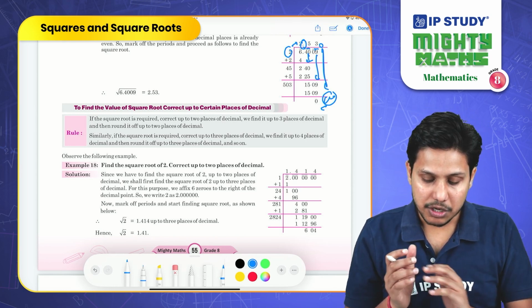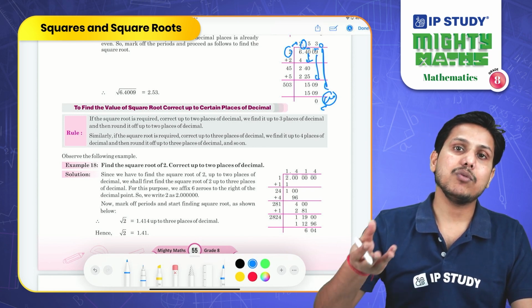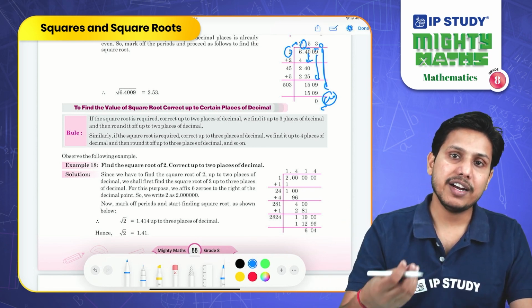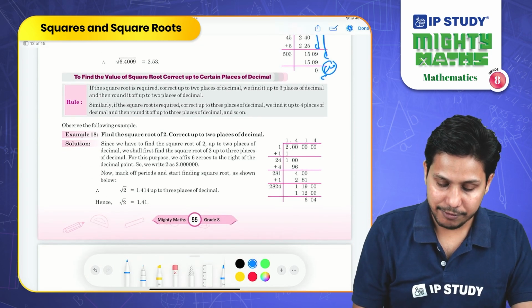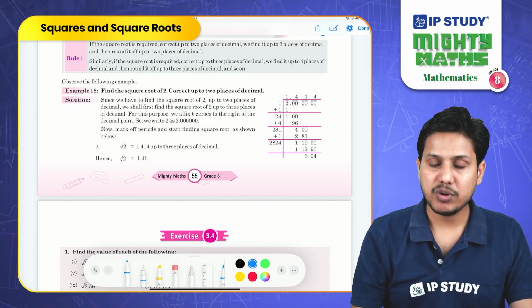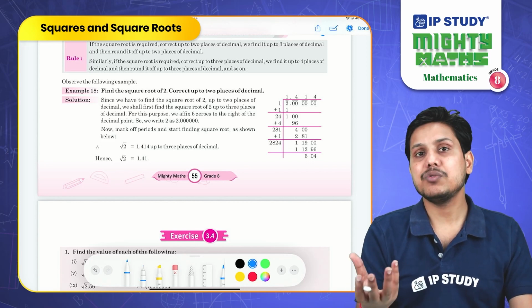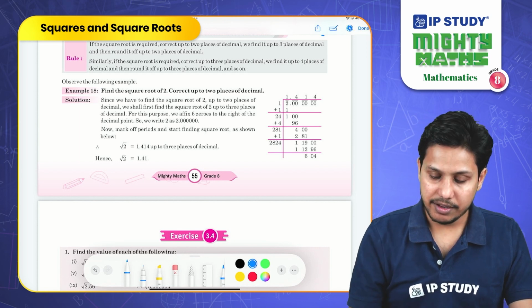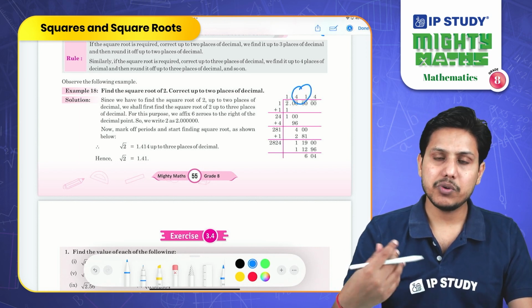So for a number which is a non-perfect square, its square root will be a decimal, which we can find using the long division method. So here we have 2. In order to find the square root of 2, we have to take pairs of zeros up to the decimal places we need. Like if we have to find 2 decimal places, then 2 pairs are required. So you can do it.